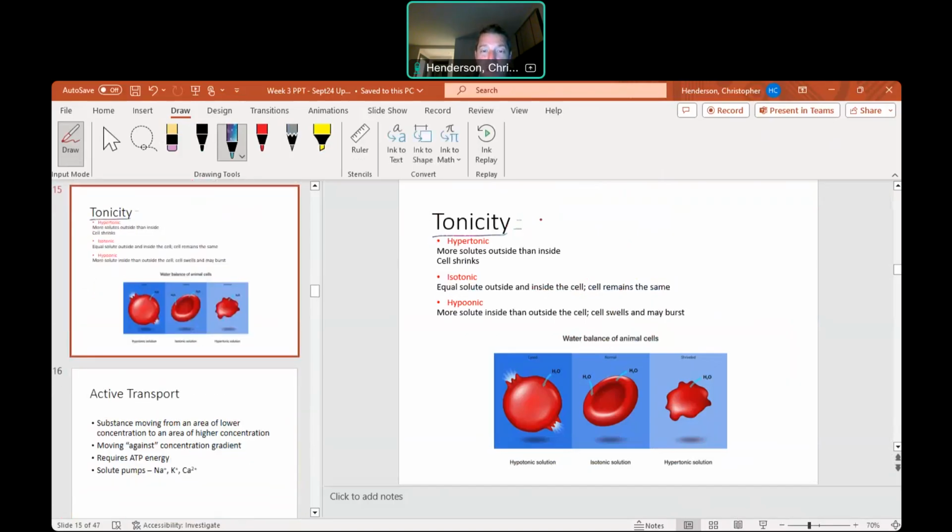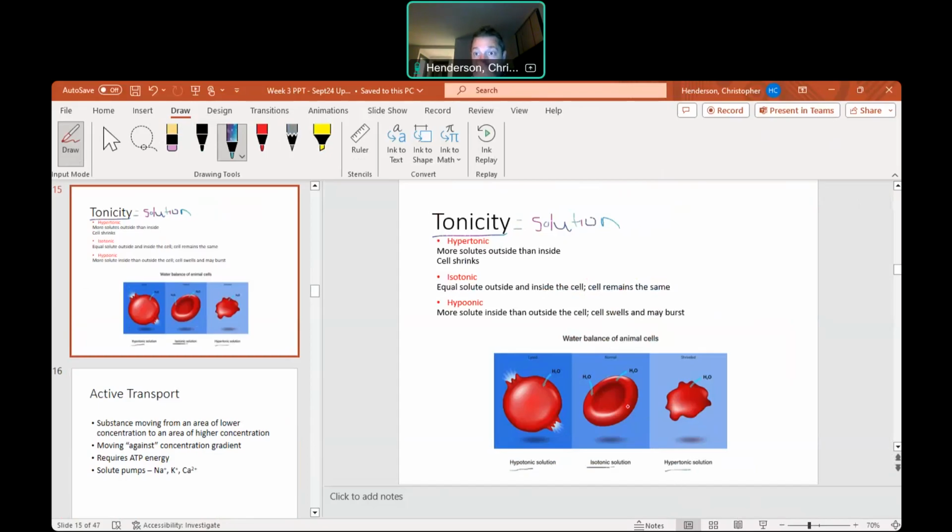Tonicity is talking about the solution. I don't want you to tell me that the inside of a cell has a tonicity. It's the solution that always has the tonicity. And what is tonicity? Tonicity is the ability of a solution to affect the size of a cell. And how does it do that? Through fluid movement. There are three types of solutions: hypotonic, isotonic, and hypertonic.